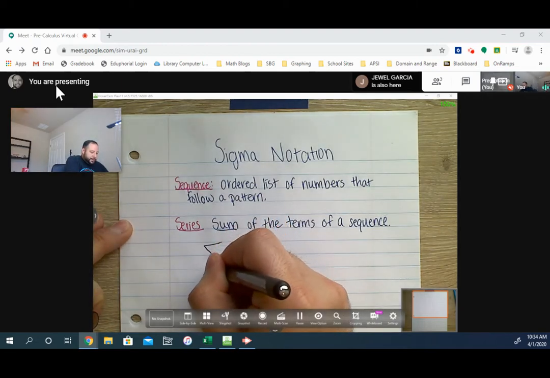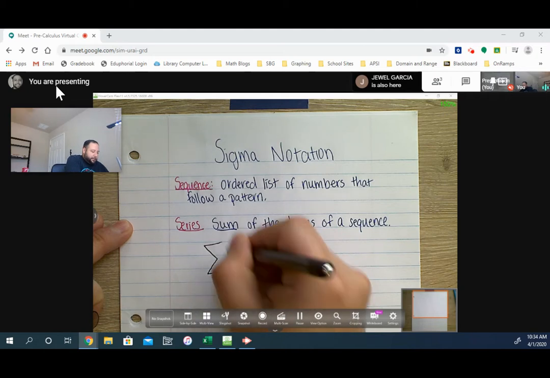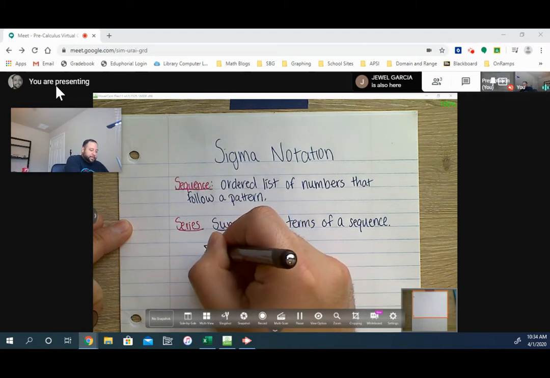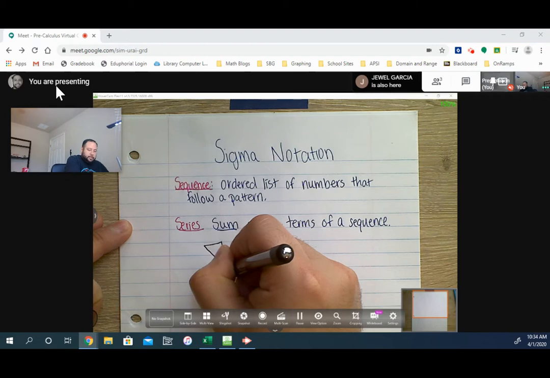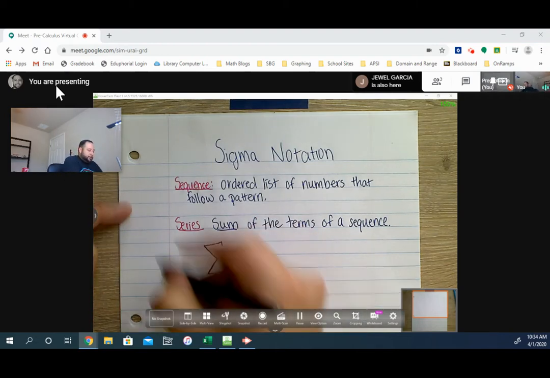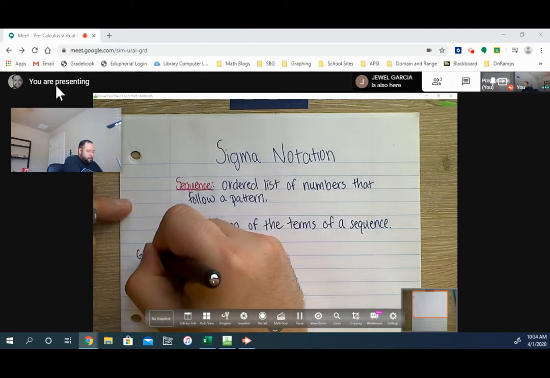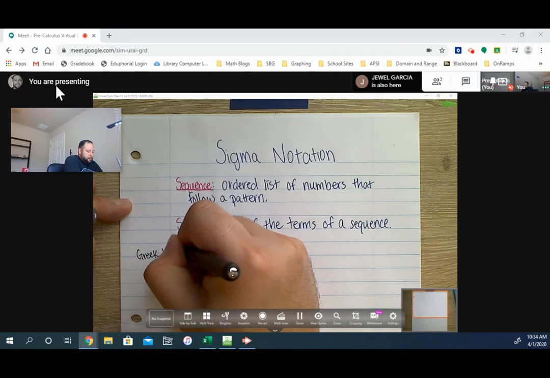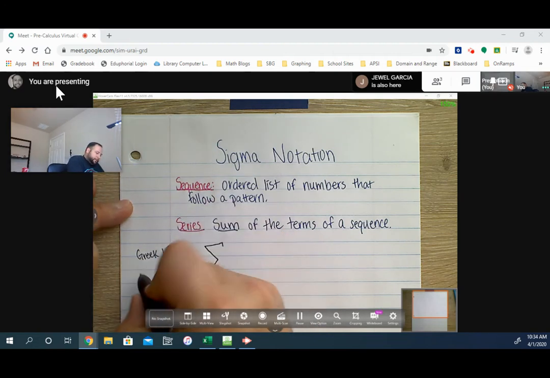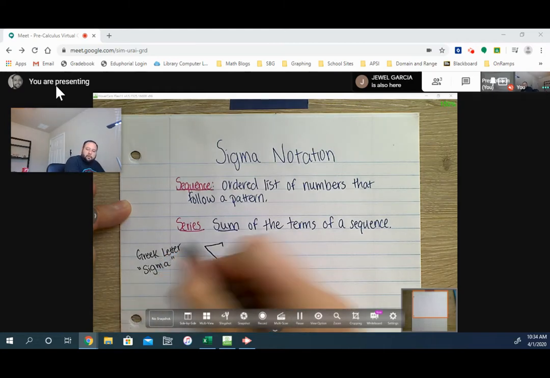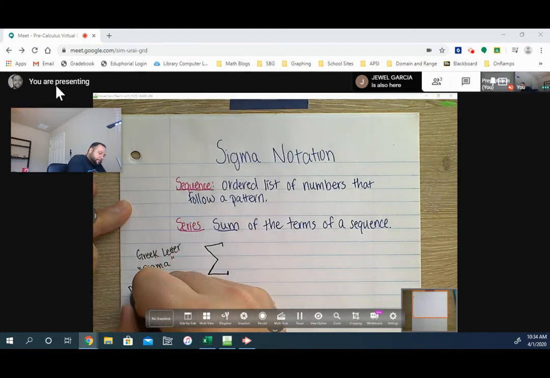this big symbol right here, which is a Greek letter. This Greek letter is sigma. It's actually a capital sigma. Okay, and it means sum.